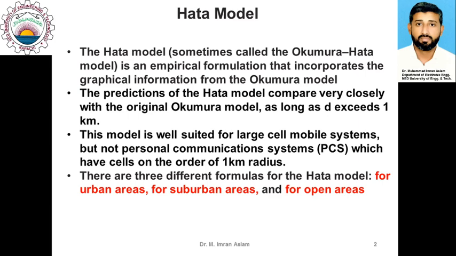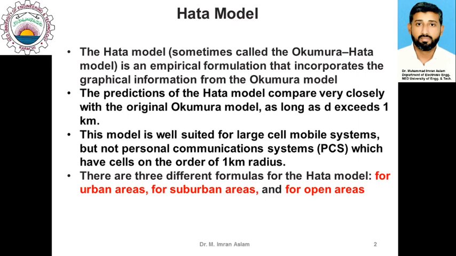The limitation of the model is that it is based on distances greater than 1 kilometer. So this model is applicable to relatively larger distances with a specific frequency band. And for most personal communication systems, which have smaller distances of the order of 1 kilometer or less, we cannot use the Hata or Okumura model.